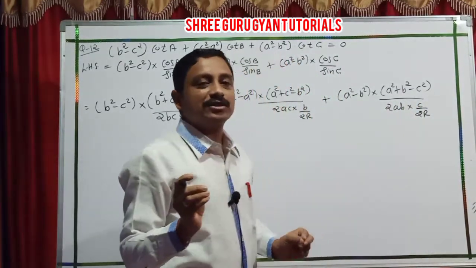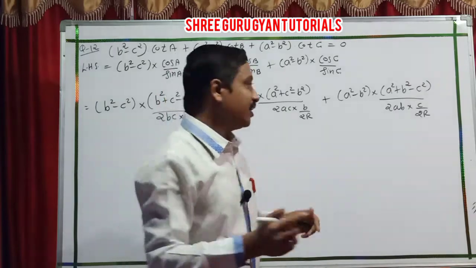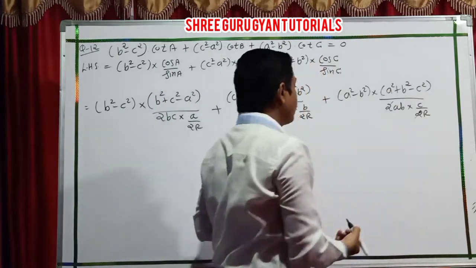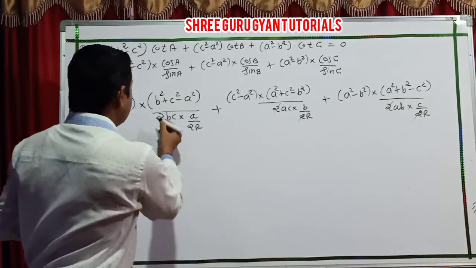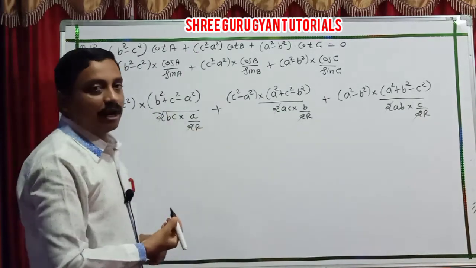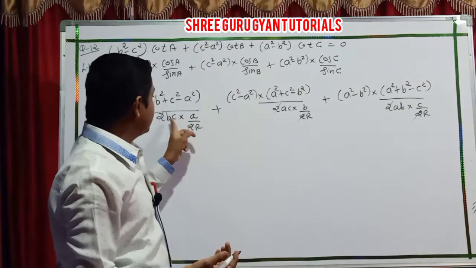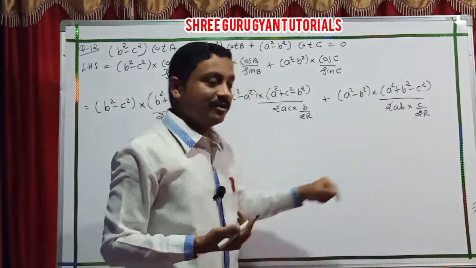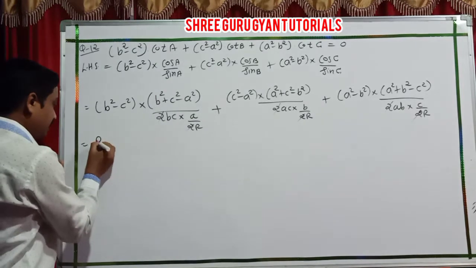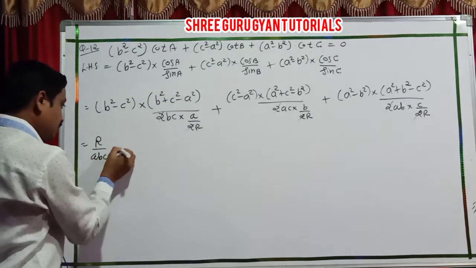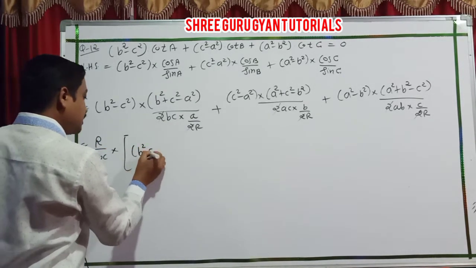I only operate the cosine rule and sine rule, students. Now this 2 cancels, here also cancels, and here also cancels. The remaining parts are abc by r, same here, same here. So I just translate r by abc to one side, the other as it is.